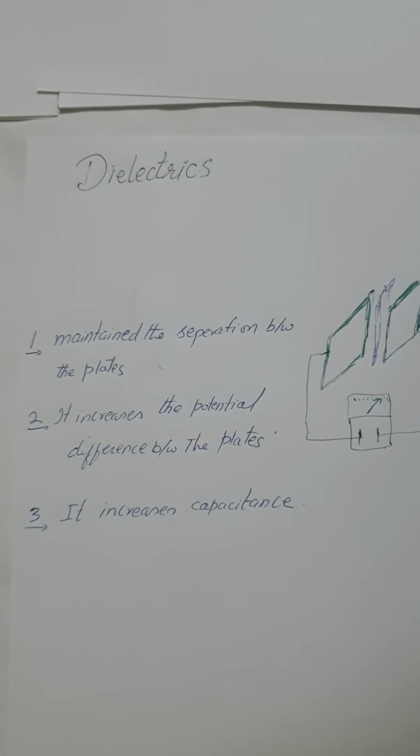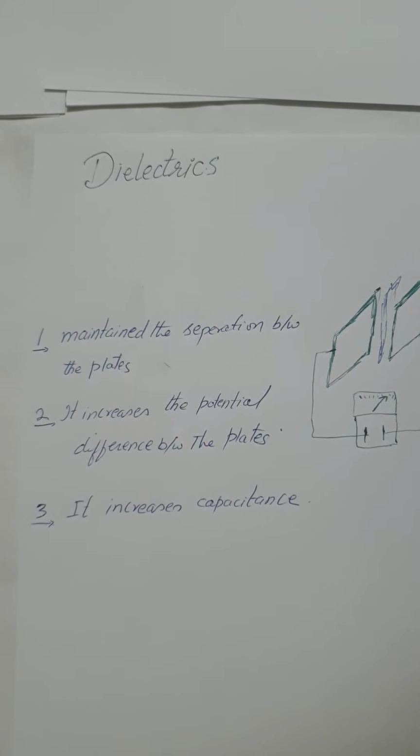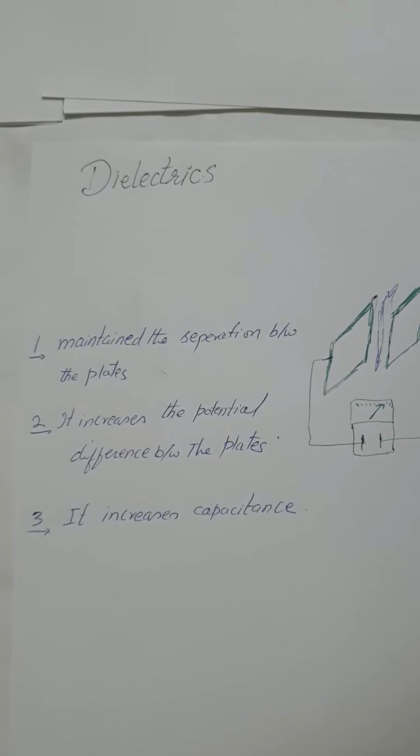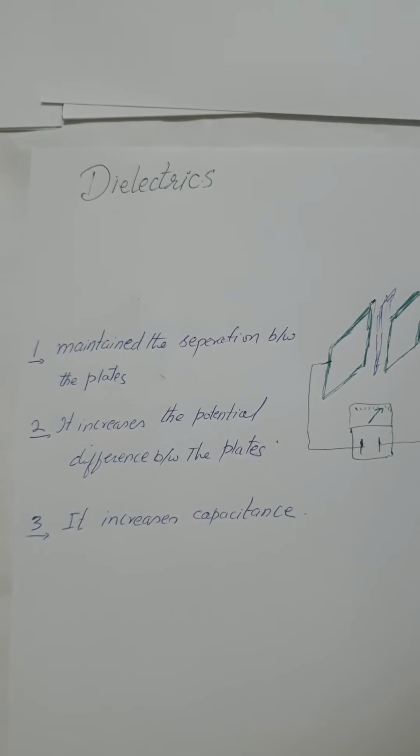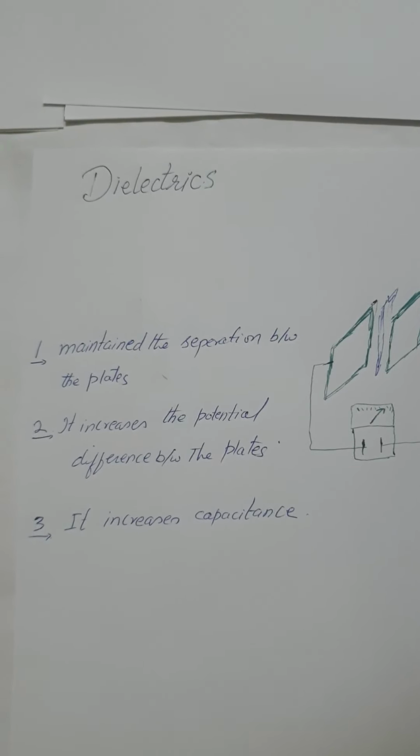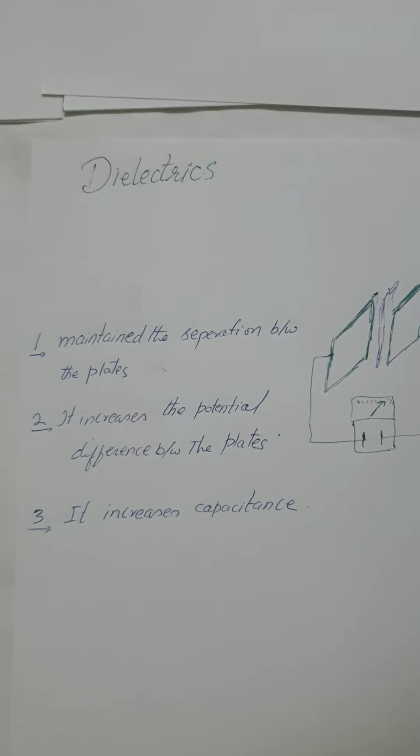Experimentally, this effect was discovered with the help of a very sensitive device, the electrometer. The electrometer helps to measure the potential difference between two conductors.